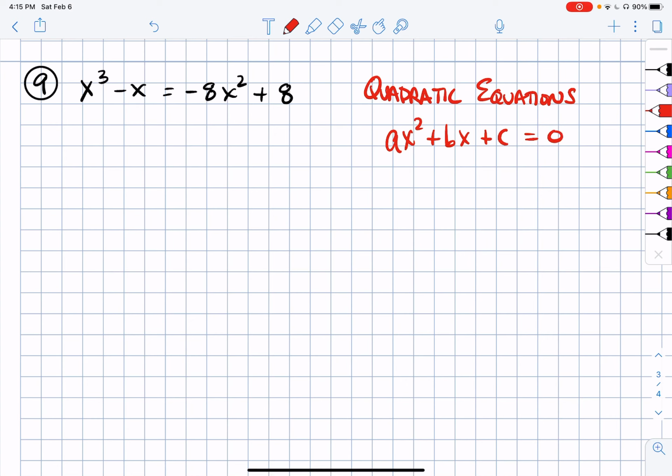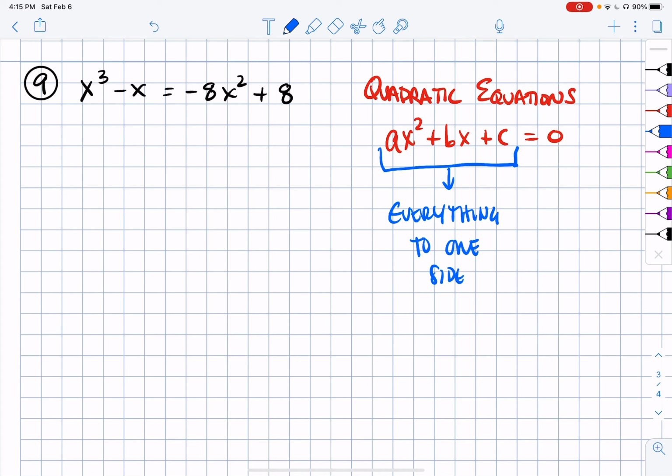And all this is saying is, this is only for the trinomial, so that helps you with the AC method. But essentially what this is saying is to get everything to one side, and essentially you have 0 on the other.